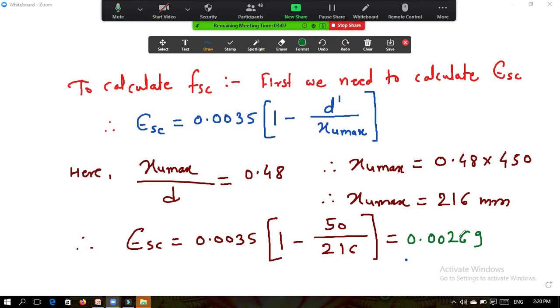Now go to the table of Fe415. You have the table of Fe415 for the given values of strain, corresponding values of stress. So refer to that table and let me know the value of FSC.